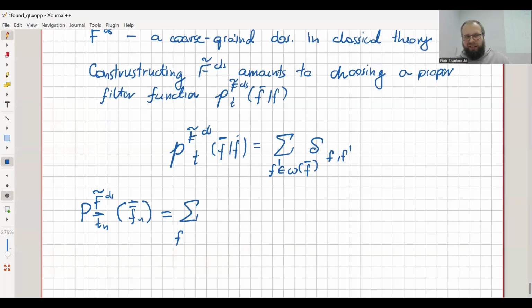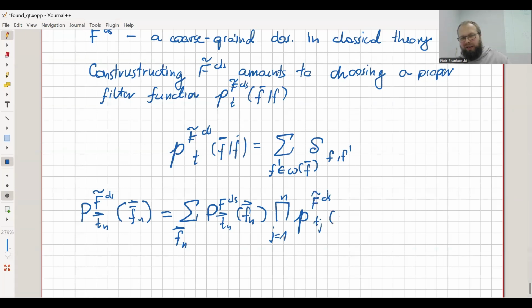It would be given by the sum over F of P F classical, with all the filters 1 to n, F classical t_j, F_j bar, F_j given F_j, and it would just simply be the sum over F, when you put in all the deltas and do the sums, of P F classical.